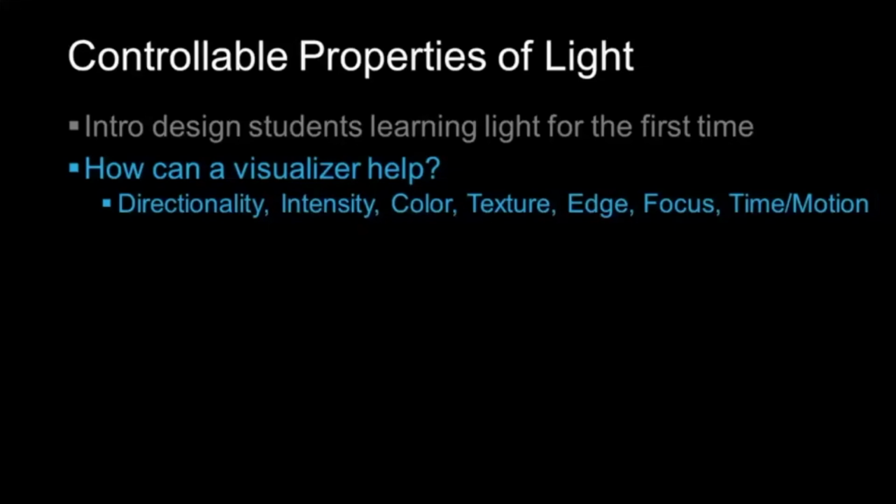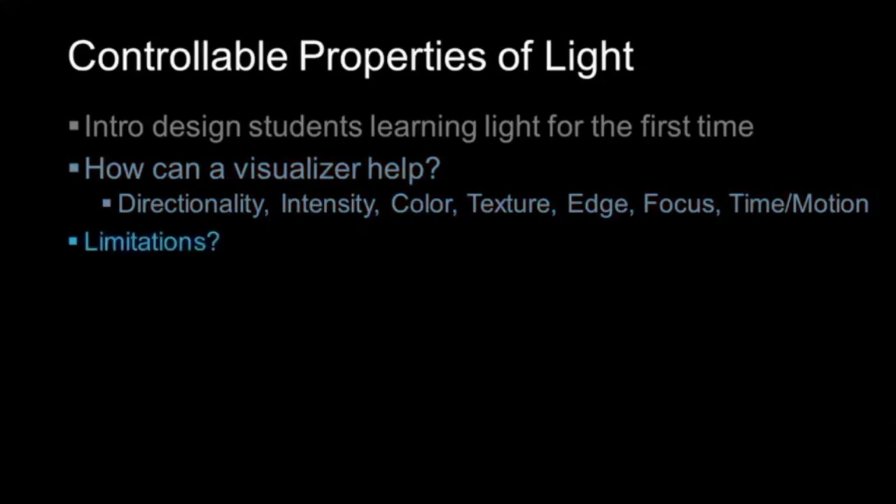And I think that a visualizer can help in certain degrees with directionality, the angle of the light, intensity, both how it looks on objects, on people, and relative to other sources, color rendering, texture through the beam, including edge, but also edge on its own. Focus, meaning less pan and tilt, but more where to direct an audience's attention, and then time, transitions, motion, that sort of thing.